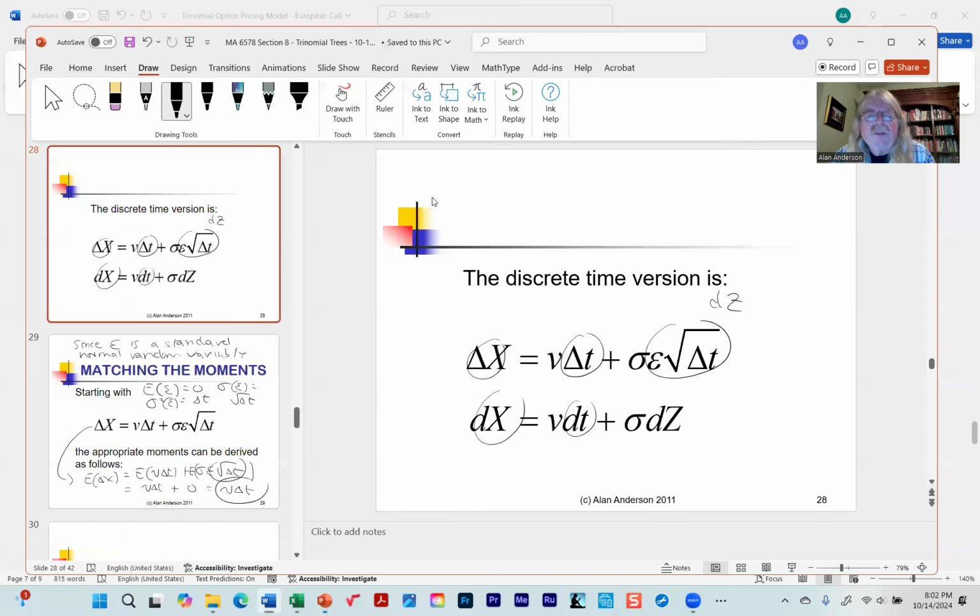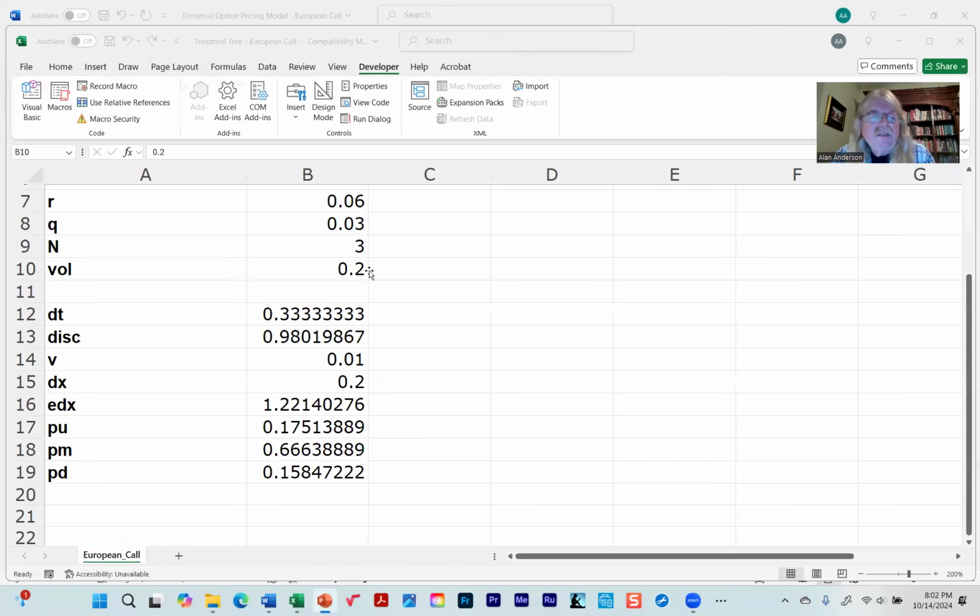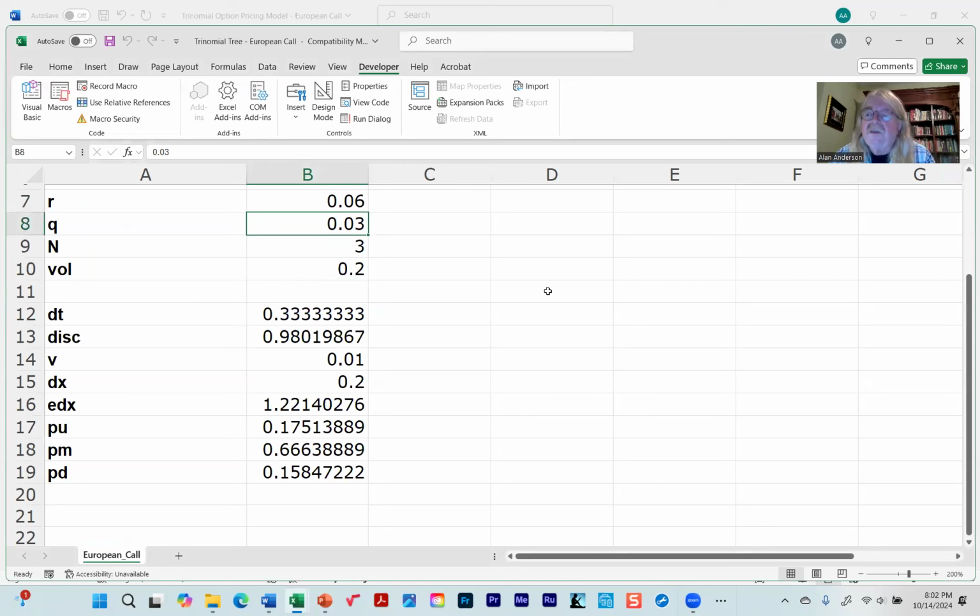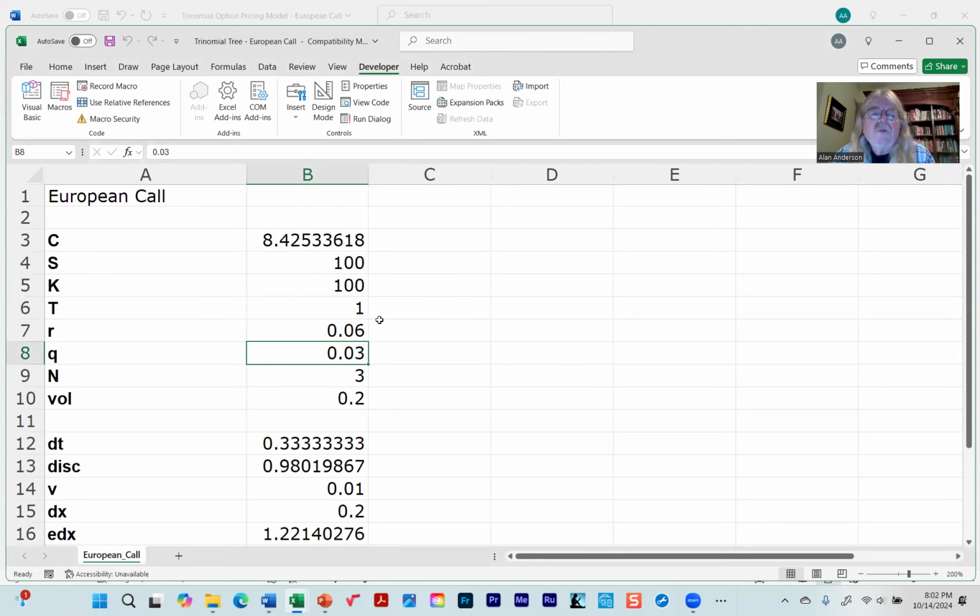Now, in this example, Q is equal to 0.03, so that's not going to be a problem. If you run this code again as an American call, you'll see that there will be a difference if we at least run enough time steps. But if you turn Q into 0, you'll find that there'll never be a difference.